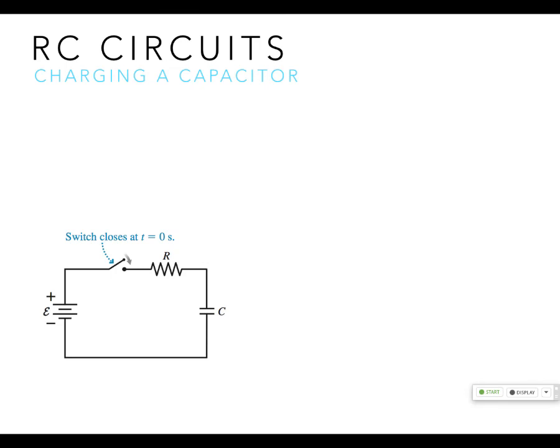Because as you charge up the capacitor, it's going to slow down the flow of current from the battery. Because remember, when this capacitor is totally charged, what's the current going to be? 0. Okay? And what voltage is this capacitor going to charge to? Whatever the voltage of the battery is.